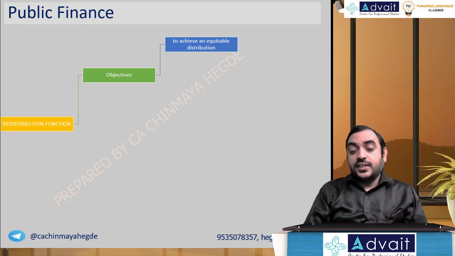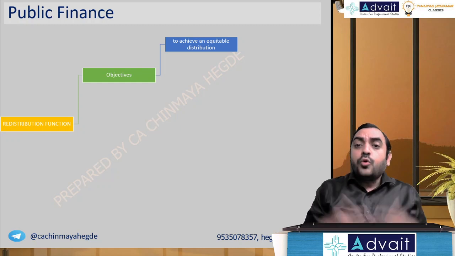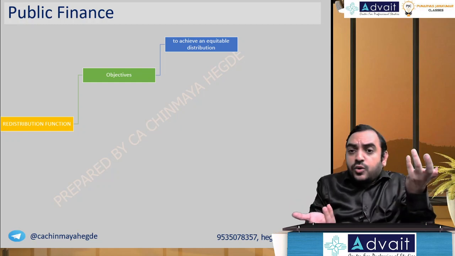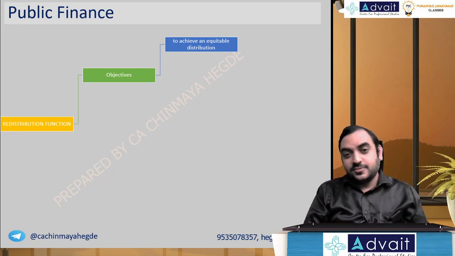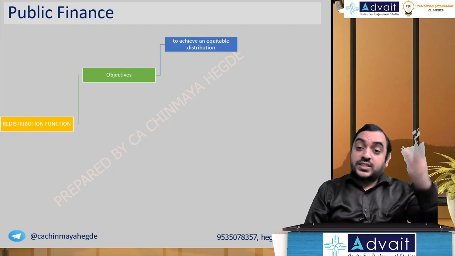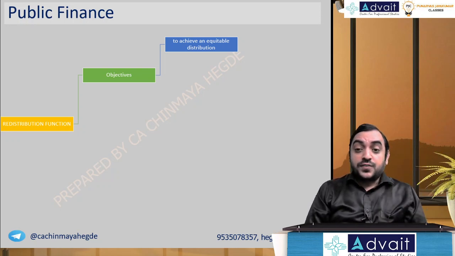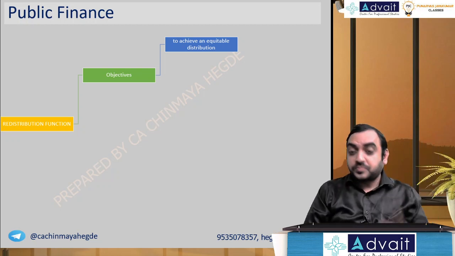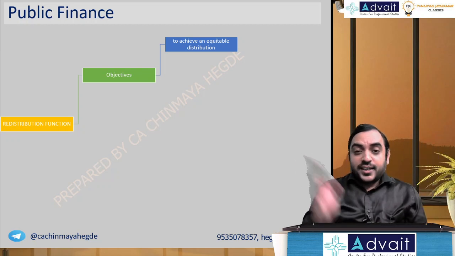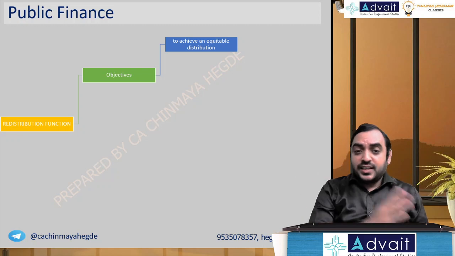We Indians, how we think? If somebody can't do it, how can I do it? If he cannot do it, how can I do it? If somebody can do it, let him do it. And some people go one step further. If somebody can do it, I will not let him do it also. Anyway, so I don't want to go too much of distraction. Let's come back to this.